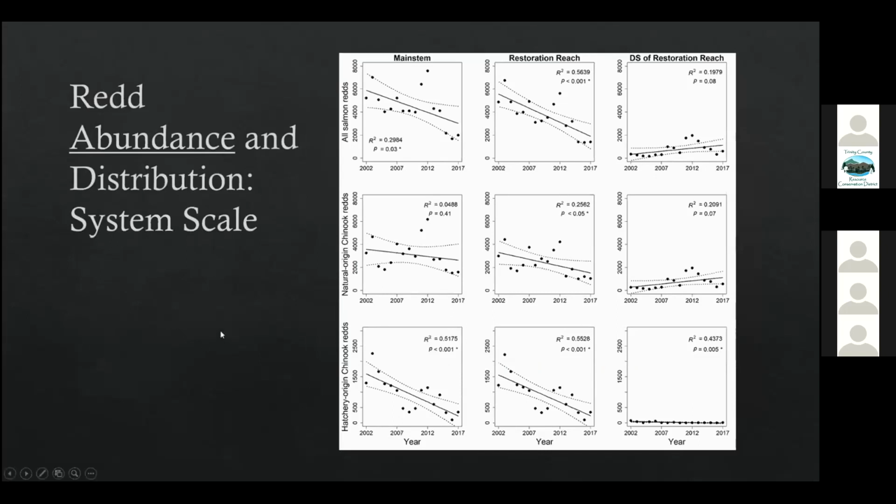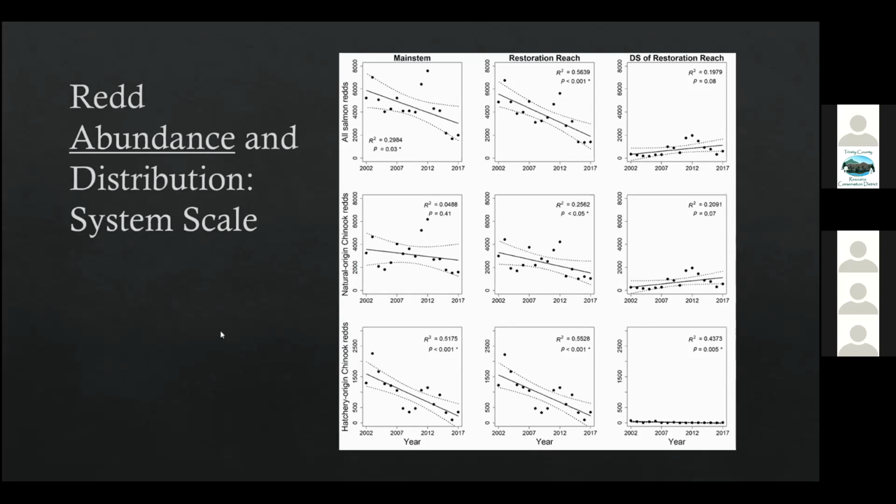Now, we analyze redd abundance and distribution at various scales, the largest being the system scale, which would be the whole river. And then at reach scales, which are, you know, smaller segments of the river, and then at the site scale, which is even more specific. These are the distributions, the abundance at the system scale over time.